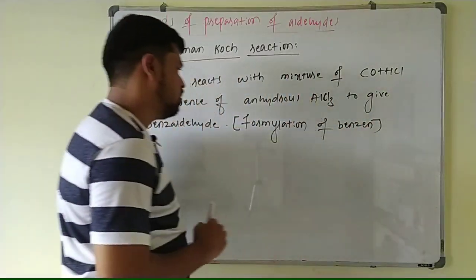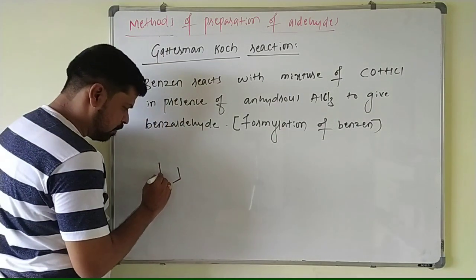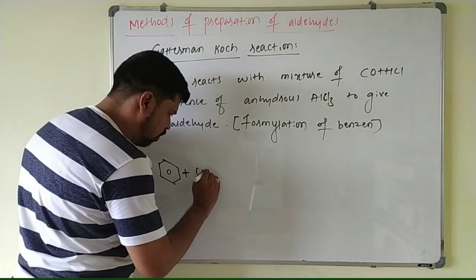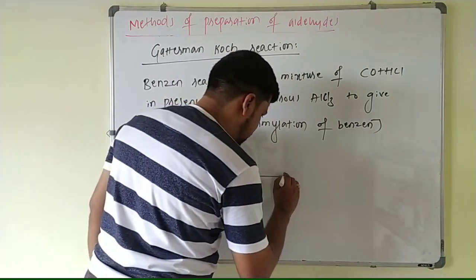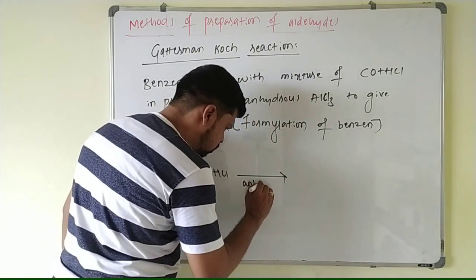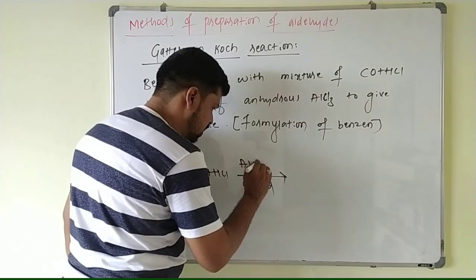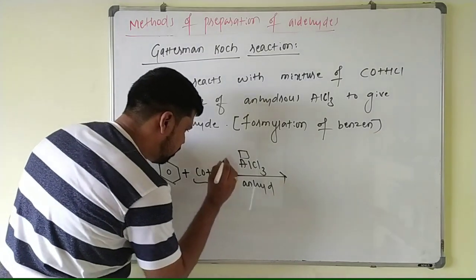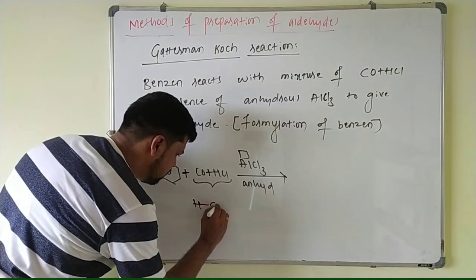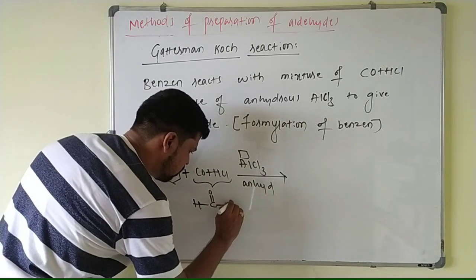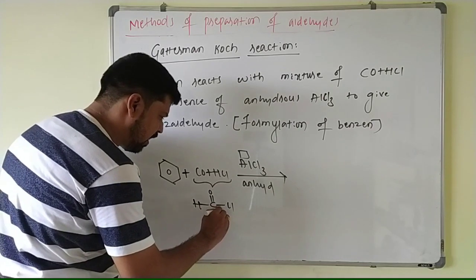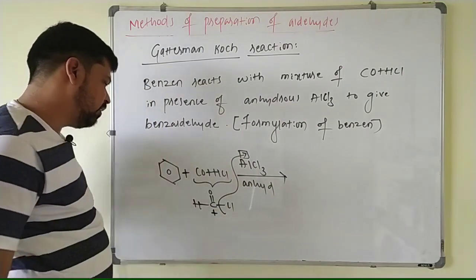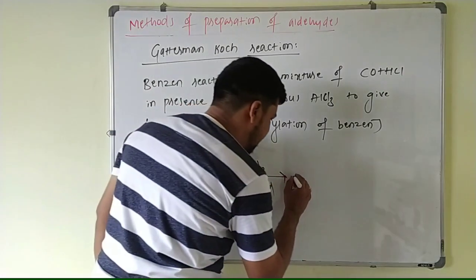In this one, benzene reacts with a mixture of carbon monoxide plus HCl in presence of anhydrous AlCl3. This is a Lewis acid. The carbon monoxide plus HCl is nothing but HCOCl, formyl chloride. This chloride is taken up by the Lewis acid, so that here an electrophile is generated, and this is attached to the benzene ring to give benzaldehyde.